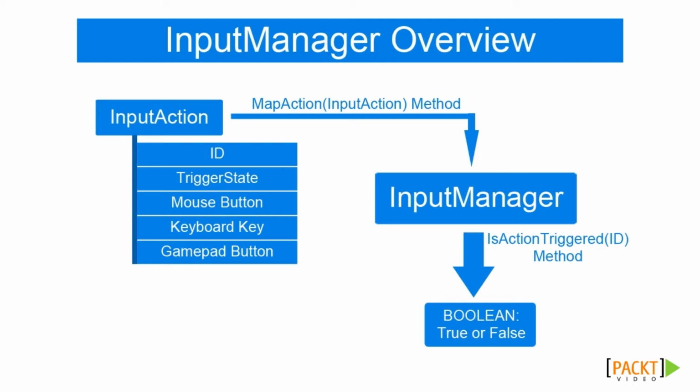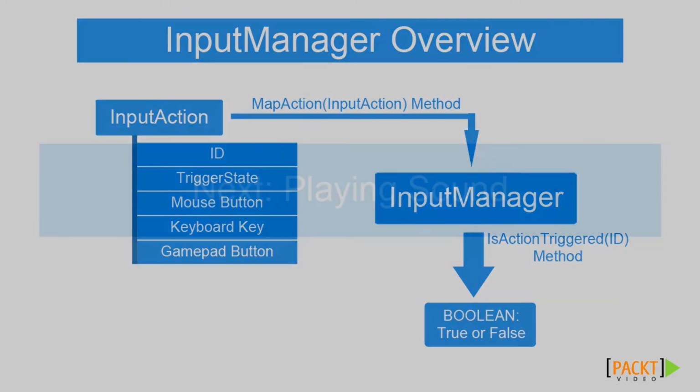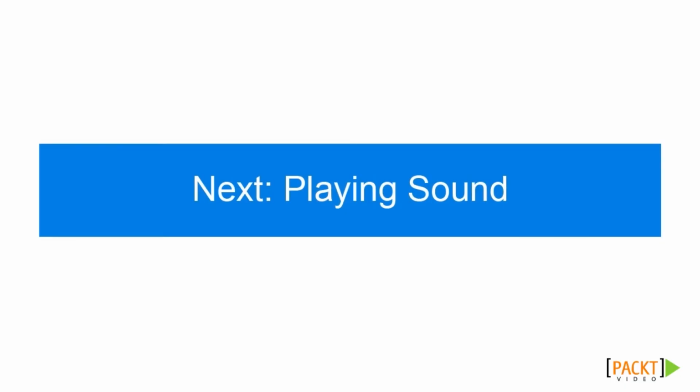Then, we use the input manager.isActionTriggered method with the ID of the input action you want to check to retrieve a boolean. And this boolean indicates if our input action is currently triggered. A simple and straightforward system. In the next video, we go over various ways of playing sounds for your game.